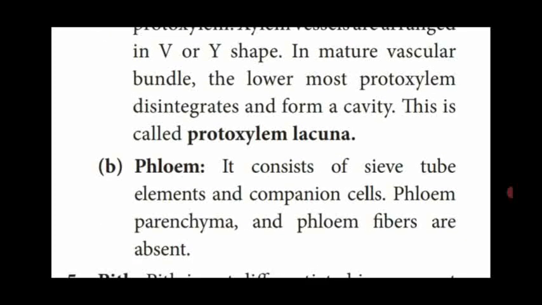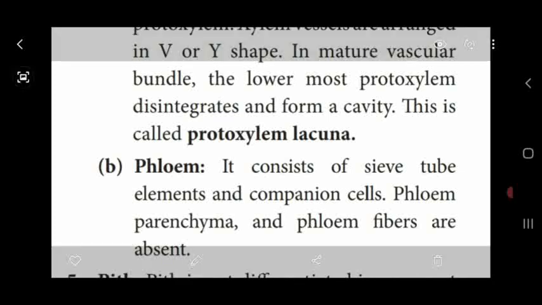Next one, phloem. In the 9th standard and 10th standard, you have studied different phloem elements, that is sieve elements, sieve tube, companion cell, phloem parenchyma and phloem fiber. So these are all the different phloem components.